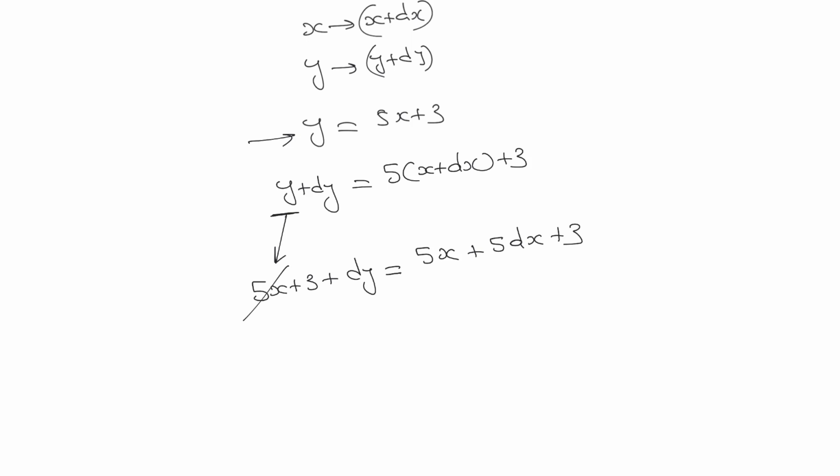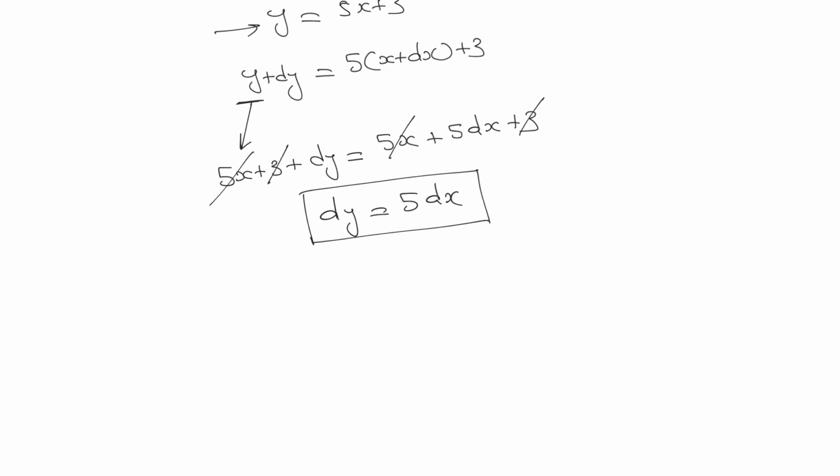Now we can cancel this 5x and this 5x, this 3 and this 3. So we'll get differentiation of y, dy, is equal to nothing but 5 dx. So if y is equal to 5x plus 3, differentiation of y is going to be 5 into dx. Or if you'd like to find out the value of dy by dx, we can just write dx in the denominator.